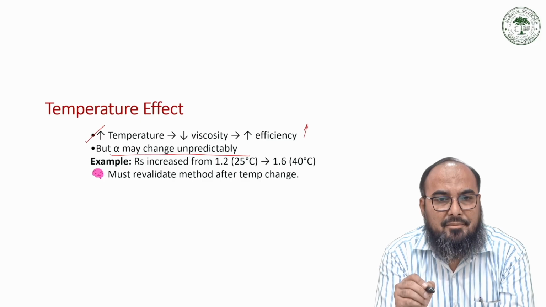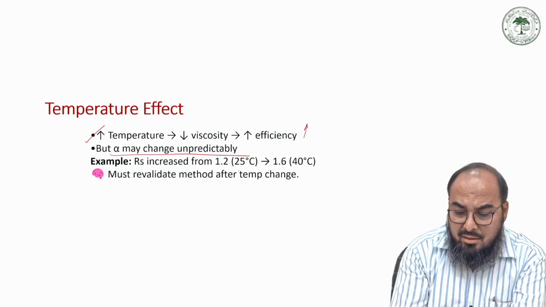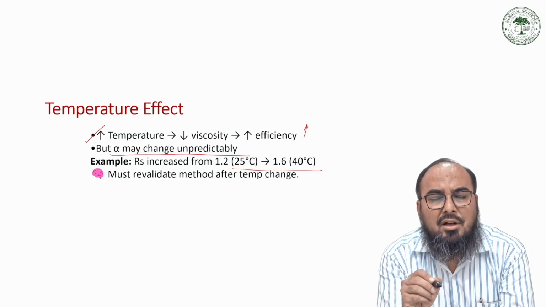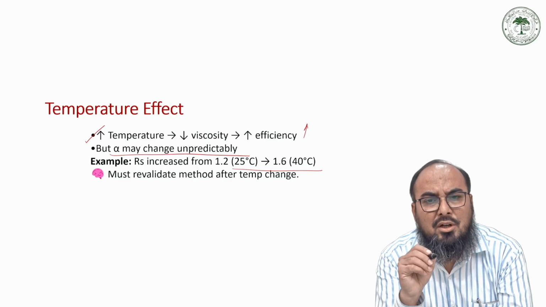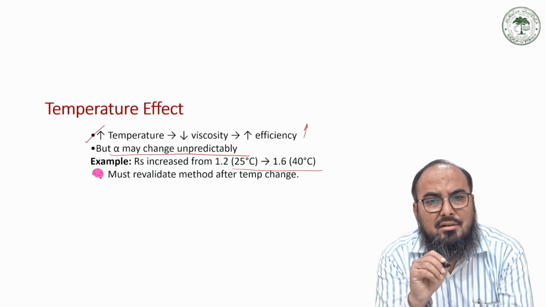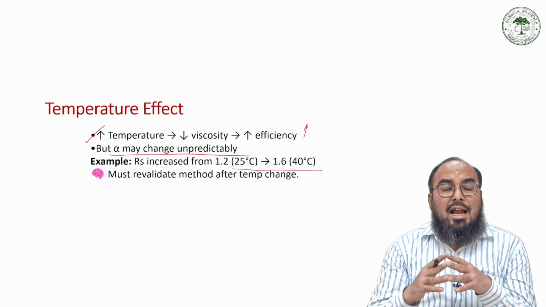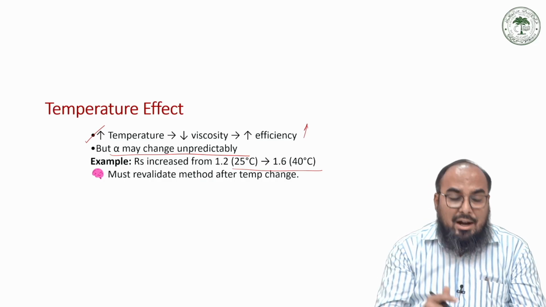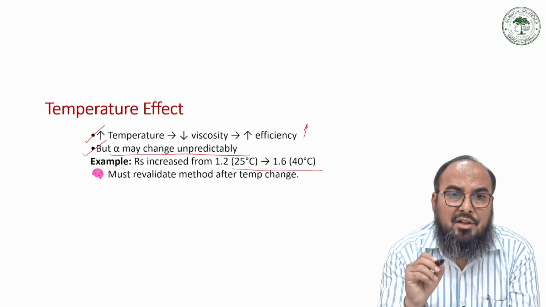For example, by simply increasing the temperature from 25 to 40 degree, the resolution can increase by around 40%, that is from 1.2 to 1.6. But since you cannot predict alpha, each time you increase the temperature, you have to keep a very close eye on the selectivity factor.